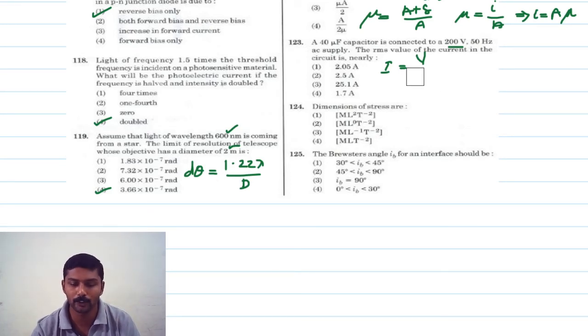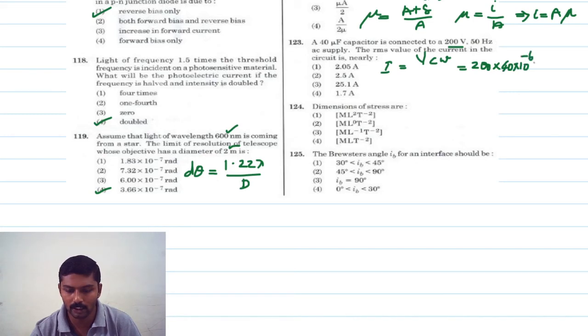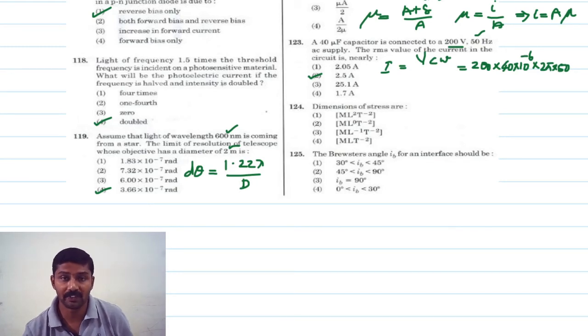So 1 by C omega goes to the numerator and becomes C omega. So it's equal to 200 into capacitance, given as 40 microfarad, which is 10 to the power minus 6, into omega, that is 2 pi times frequency, given as 50 hertz. Multiply it out and you will get 2.512 ampere. 2.512 ampere is approximated to 2.5 ampere.